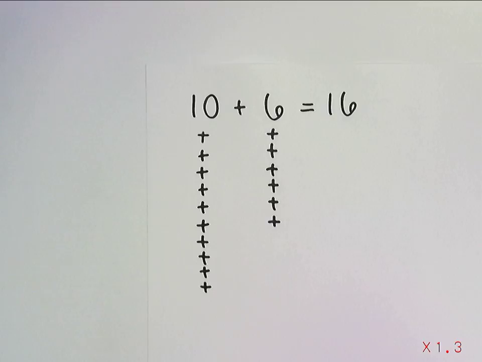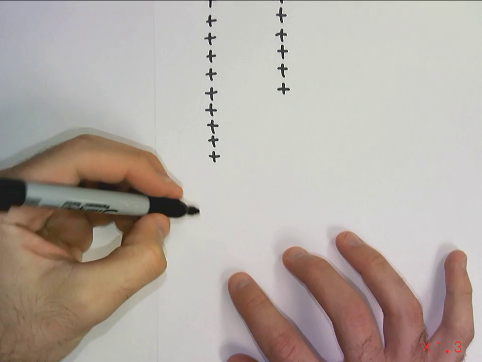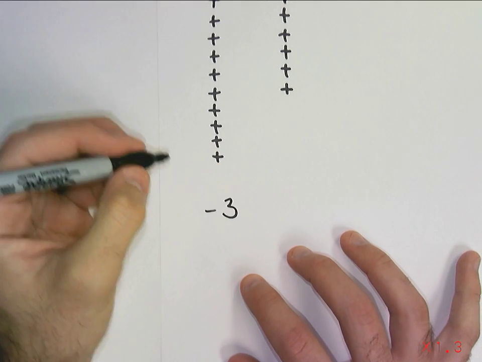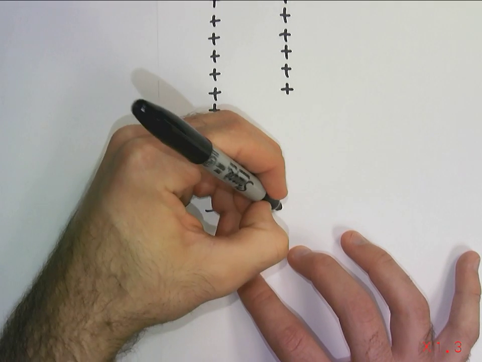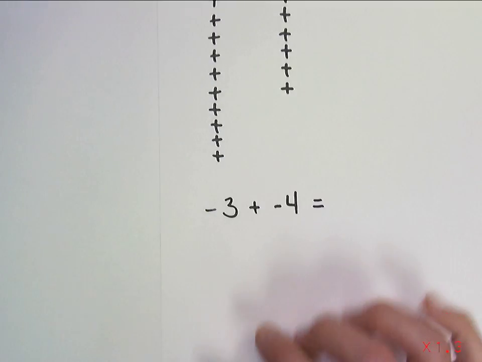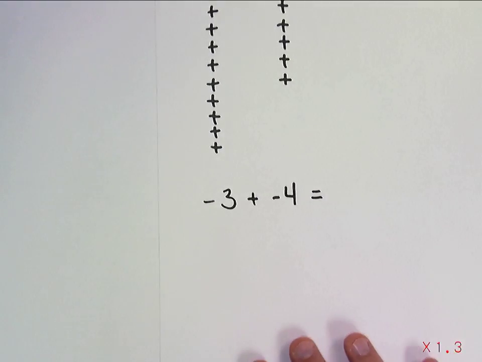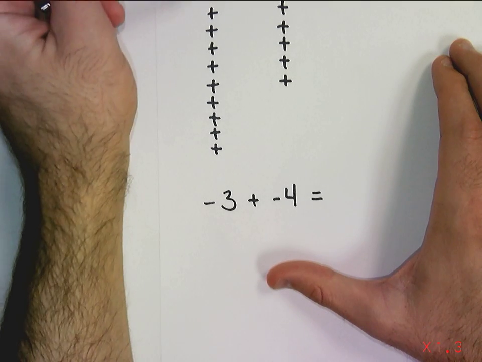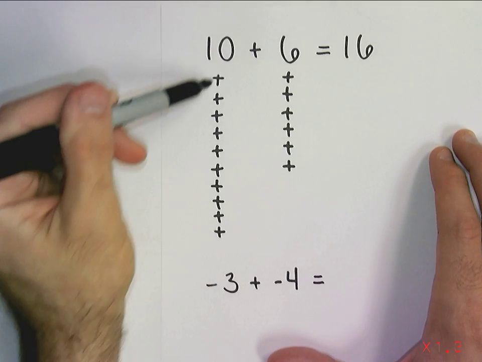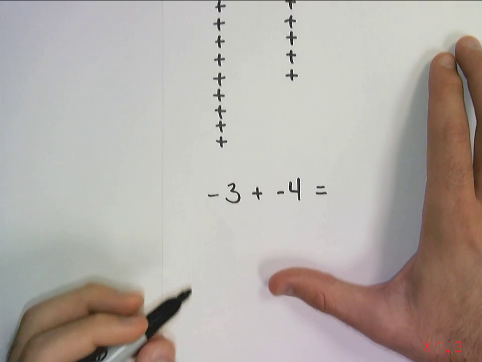So let's take a look when our signs are also the same still, but let's take a peek at negatives. Let's look at something such as negative 3 plus negative 4. What we'll do is just add them together, and the sign will be the same as the numbers that we have. So in this case we should get a negative answer. But let's take the same approach as what we did with the top equation and do the same thing but with negatives.